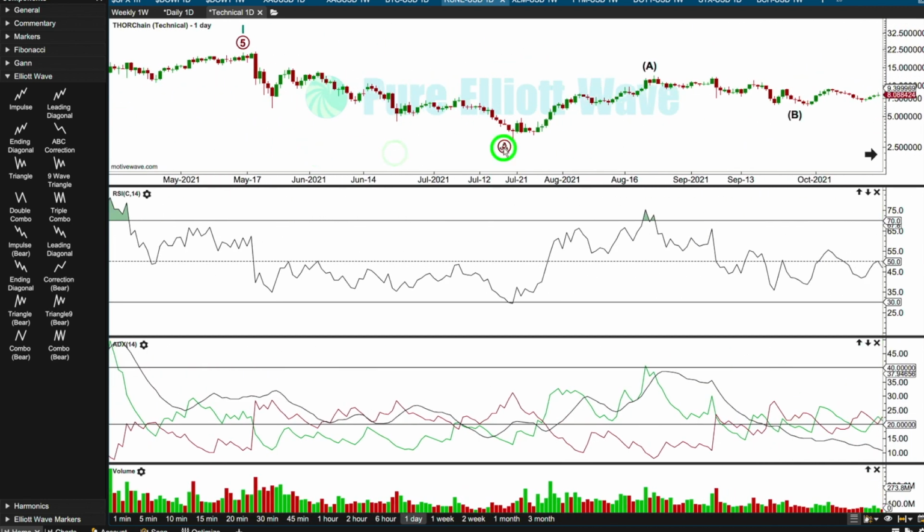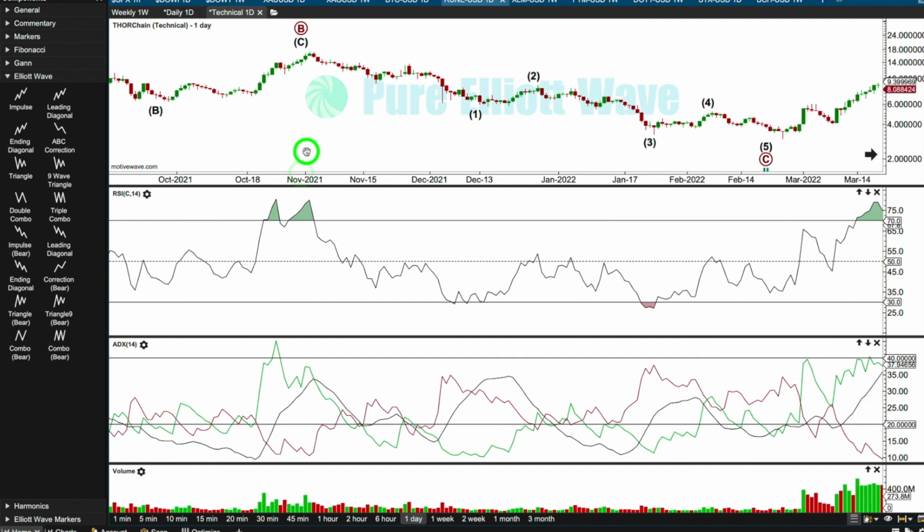What about this important low here? Here's a bullish candlestick pattern. It does have support from volume. RSI reached oversold. ADX here indicates an extreme downward trend, but not very extreme. The downward trends just don't appear to get as extreme as the upward trends for this market.